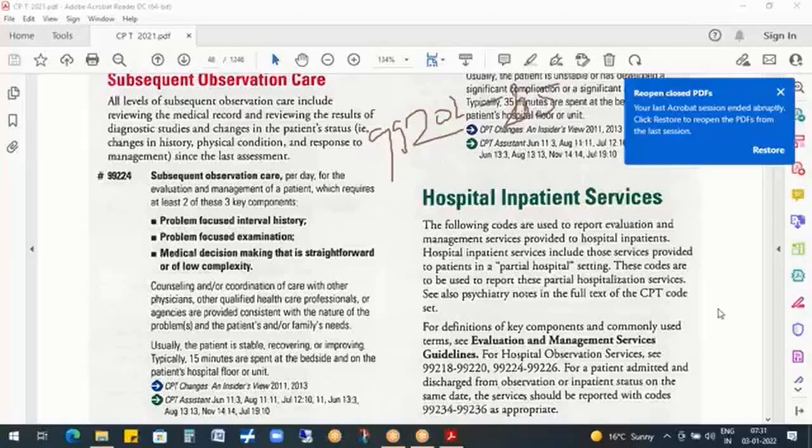Now these are the code series we need to memorize in E&M to code fast and accurately. Total how many code series? How many locations? 13? 11?